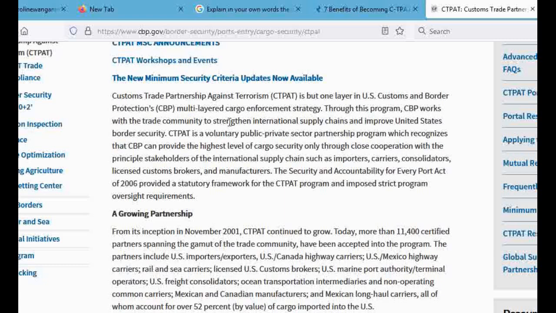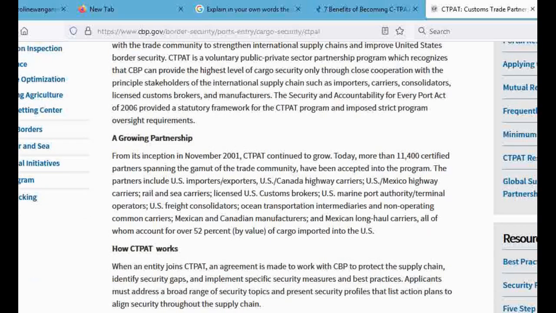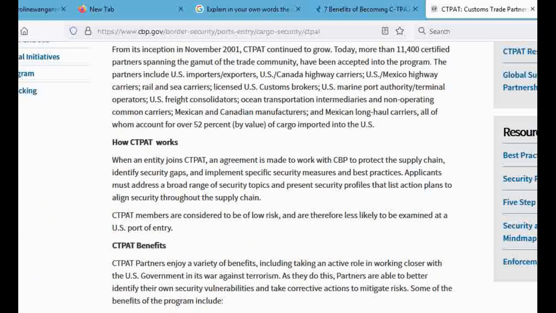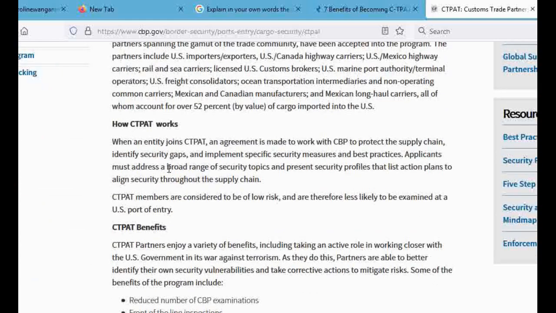So for the introduction, we can see what CTPAT is: it provides security of cargoes at the border. You can see how CTPAT works: when an entity joins, in this case a business, an agreement is made to work with CBP to protect the supply chain, identify security gaps, and implement specific security measures and best practices.